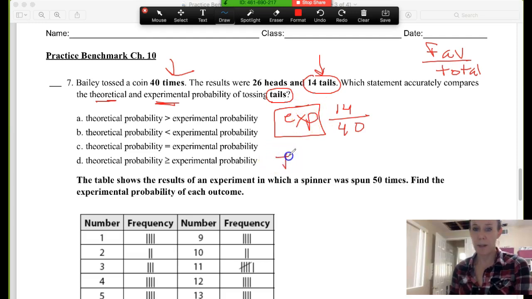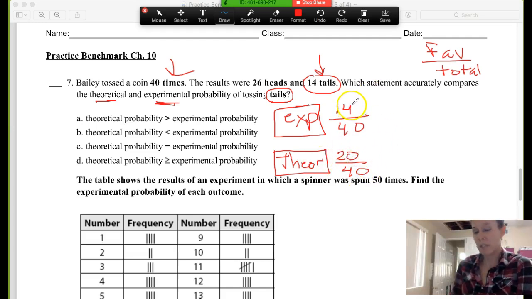Now theoretically, if I toss a coin and there's heads and tails, half of them should be heads and half of them should be tails. So theoretically, 20 out of 40 should be tails. That's what should happen in theory. When I actually did the coin toss, I got 14 out of 40, so it wasn't super awesome.